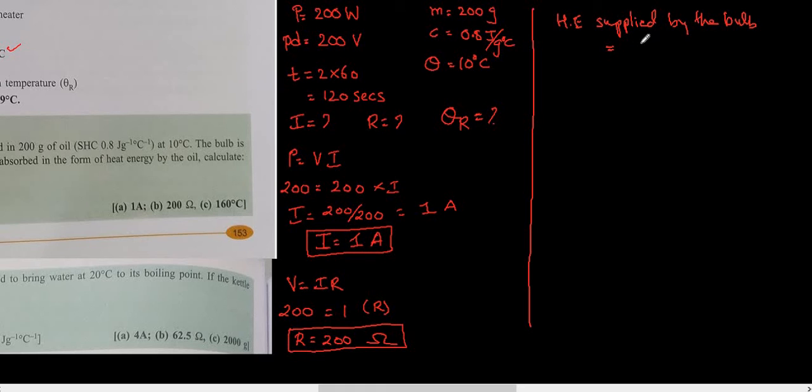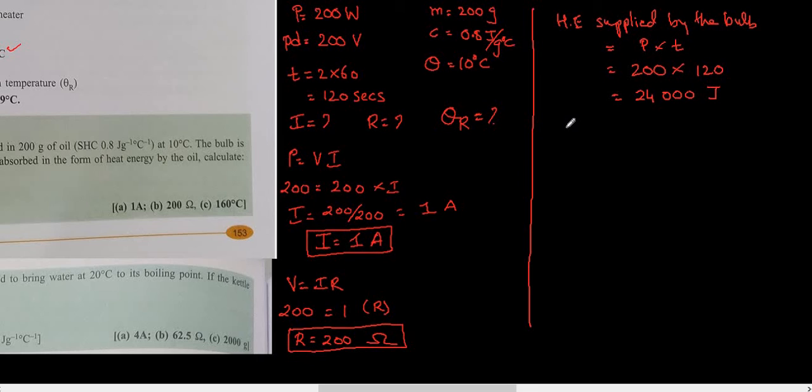That will be power multiplied by time. So how much power is it? 200 multiplied by time, 120 seconds. So that is going to give me 24,000 joules. So this will be my heat energy.